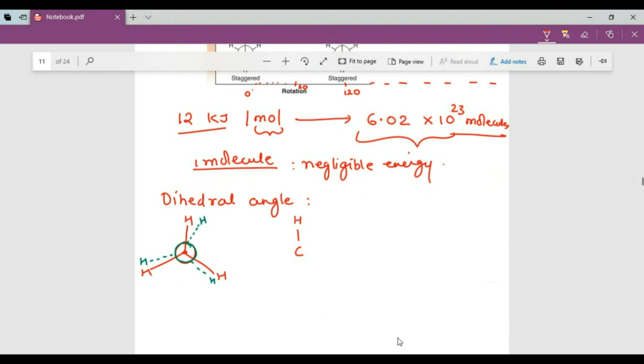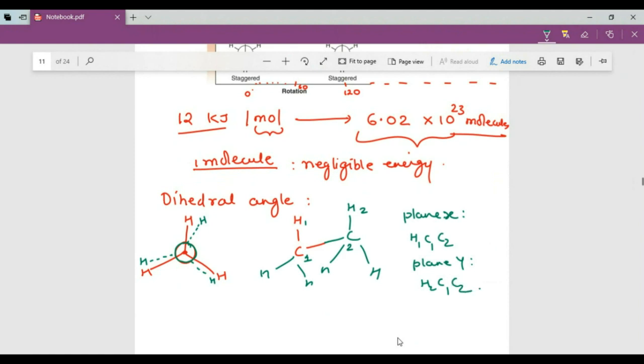Front carbon H, back carbon H. Let me name them C1, H1, C2, H2. The others are there, but I am not interested in them right now. So, a plane X having H1, C1, C2, and a plane Y having H2, C1, C2. There are two planes.